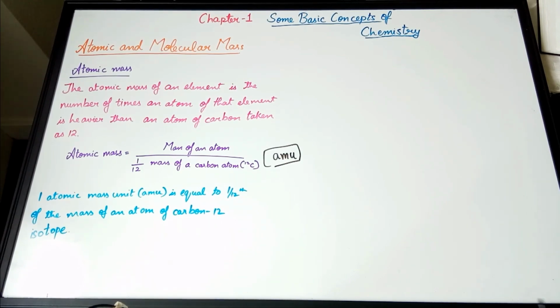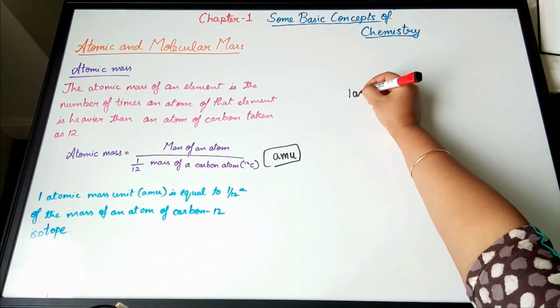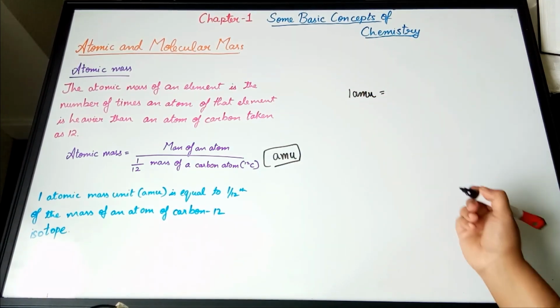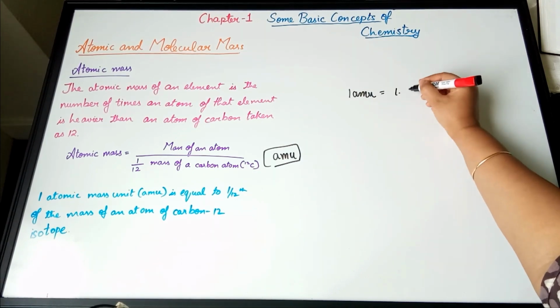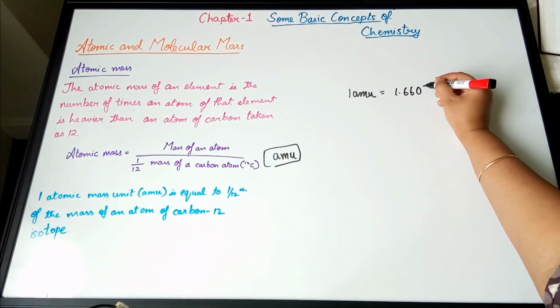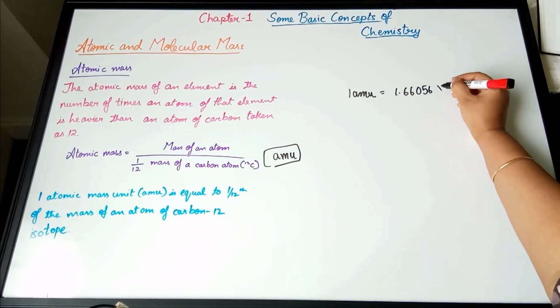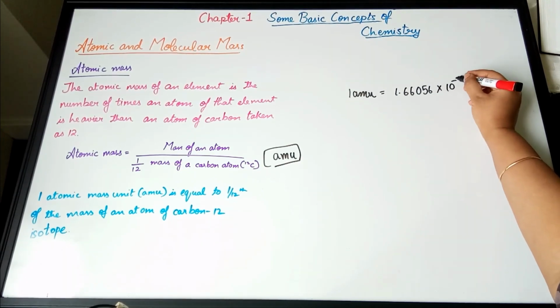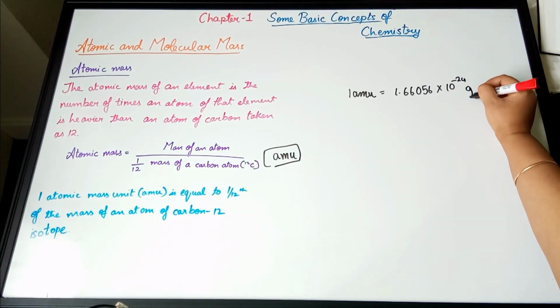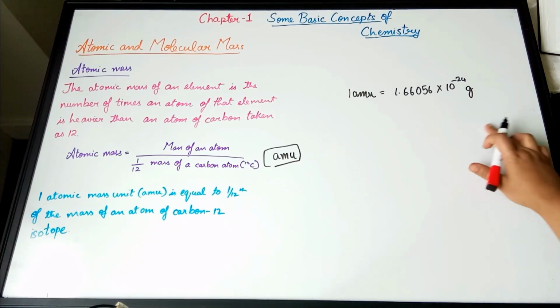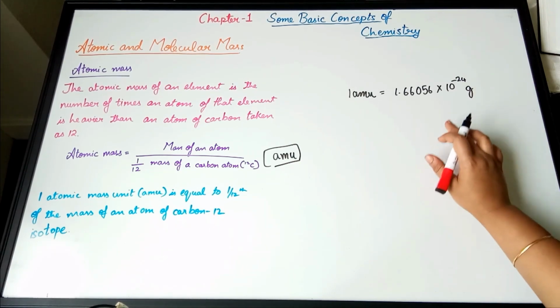Okay, so it was found that 1 AMU is equal to 1.66056 × 10^-24 grams. So this is the value of one atomic mass unit.